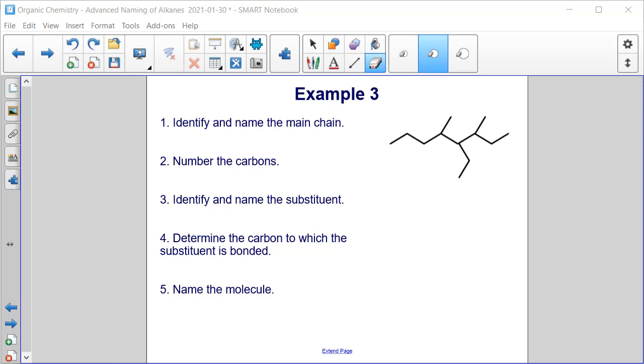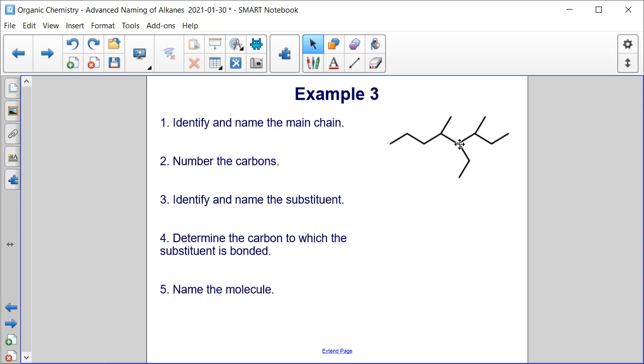All right, so in example 3, we're going to take that funky looking structure from the previous slide and we're going to name it. So identify and name the main chain. So let's start counting. I'm going to start here. 1, 2, 3, 4. If I went this way, I'd get 5.